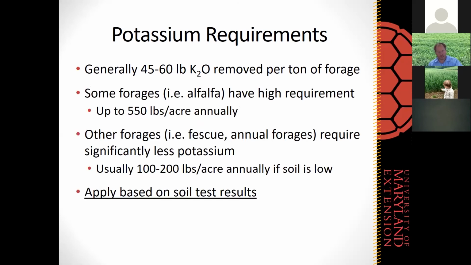So for a crop like alfalfa, we can look at recommendations all the way up to 550 pounds an acre annually for lower potash. If we start with a lower level in the soil, we have a high yielding alfalfa field, we can use significant amounts of potash. For grasses, typically it's going to be between 100 and 200 pounds annually if your soil test is low.